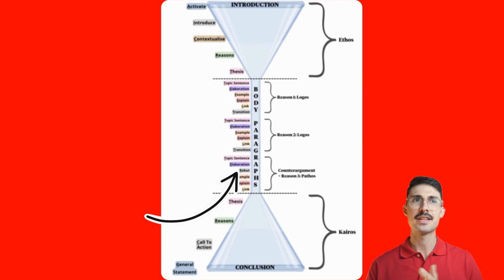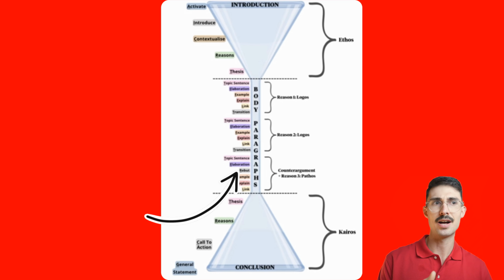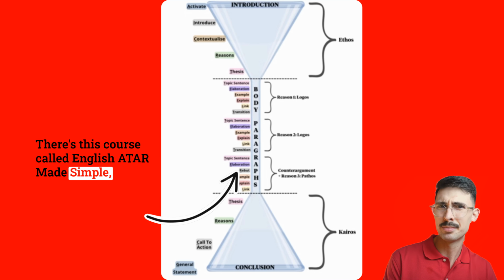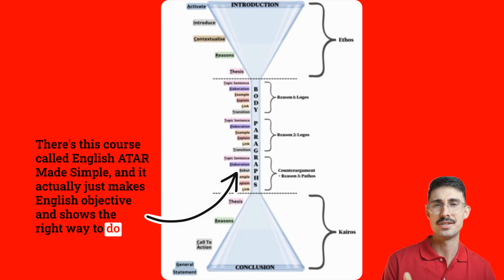Then I rebut that counterargument by raising my own third reason as to why English is the best subject. And that third reason is that there's this course called English ATAR Made Simple, and it actually just makes English objective and shows the right way to do it. Oh, very funny. Anyway, you might wonder why acknowledging a counterargument is important in a persuasive text.